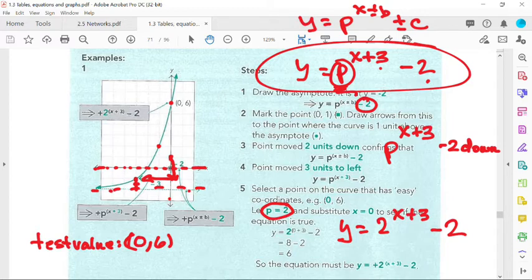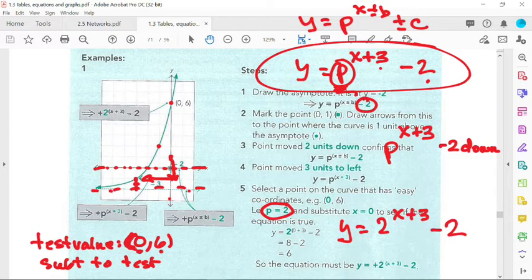So now what we're going to do is simply substitute to test. Okay? So in place of the x, I'm going to put what number? 0. In place of the y, I'm going to put what number? 6. Okay, here we go.